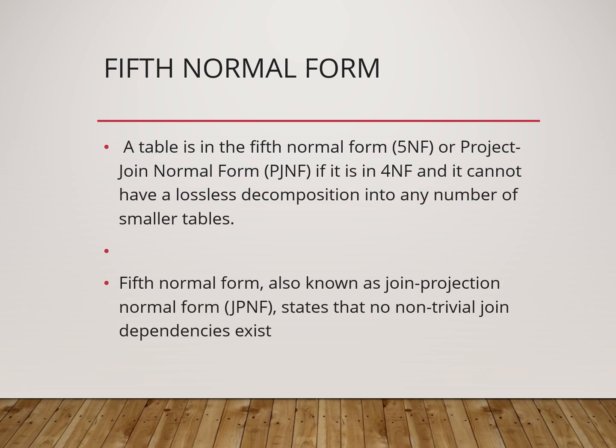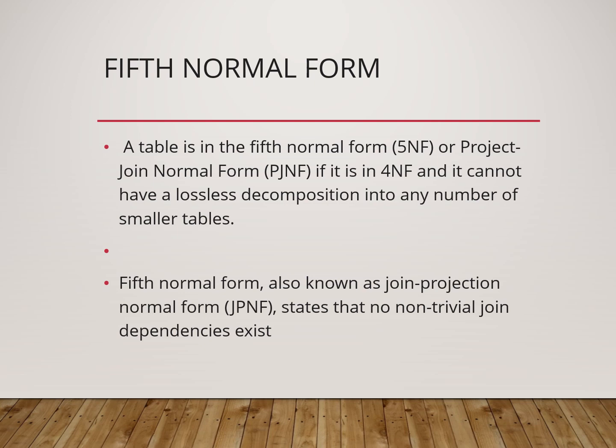Between all the tables we have some join projection, which is why we call it project-join or join projection normal form, and it should not have any trivial join dependencies. Simply, fifth normal form should satisfy fourth normal form.